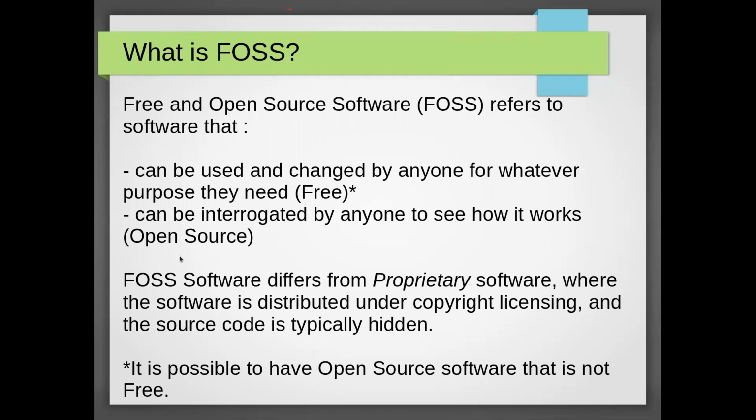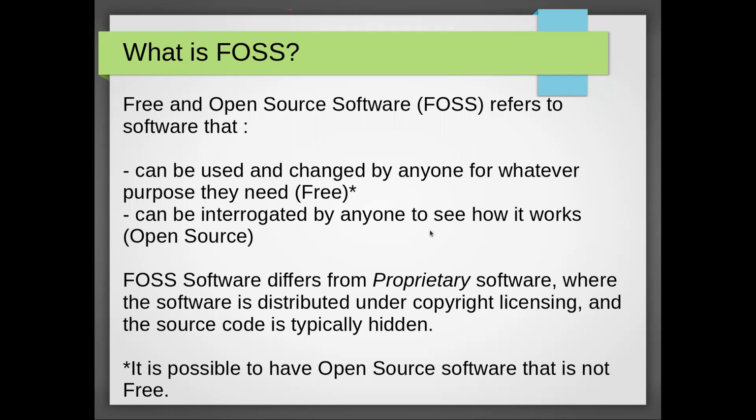And the open source bit is that it can be interrogated by anyone to see how it works. In other words, you can look under the bonnet and see how this particular piece of software is working. You can look at the code and understand it.